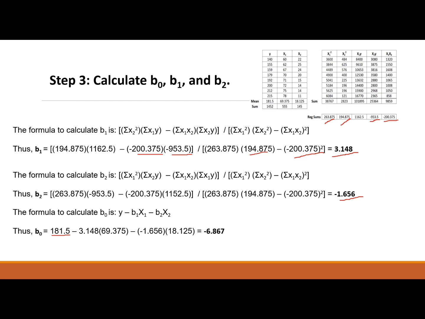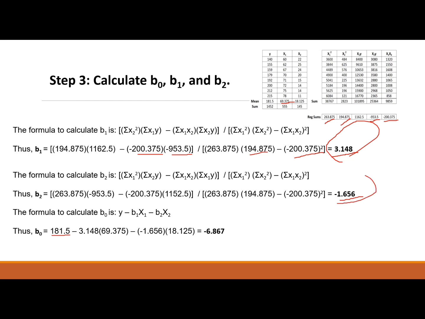So 181.5 minus B1 times x1. Where is the B1? The B1 here is 3.148 times the x1. The mean of x1 is 69.375. Minus B2. Where is our B2?